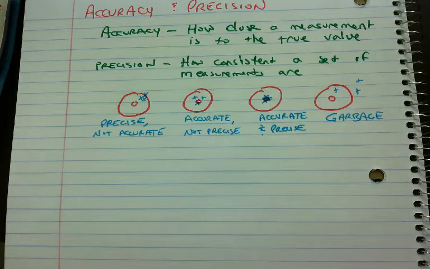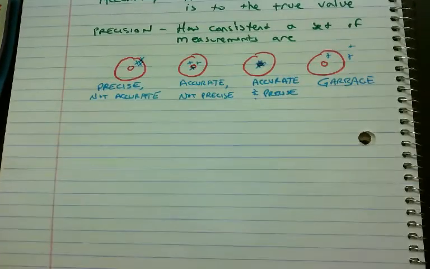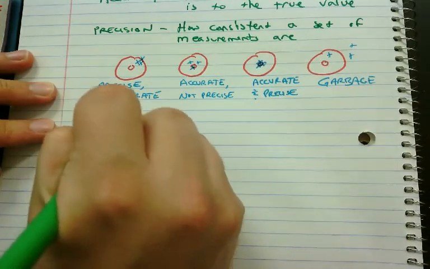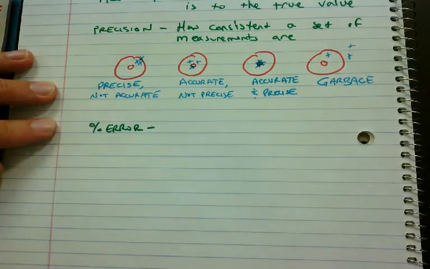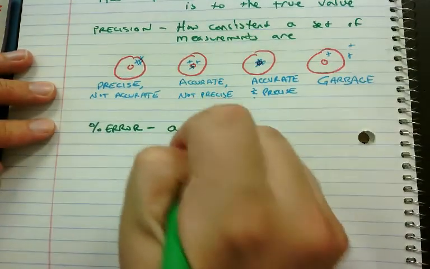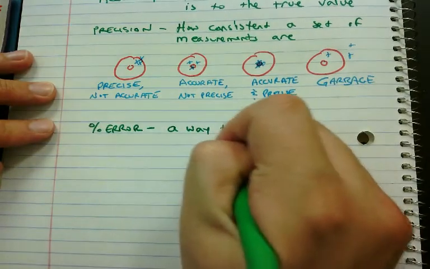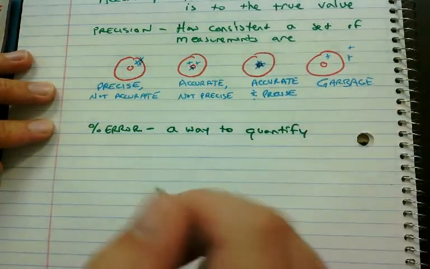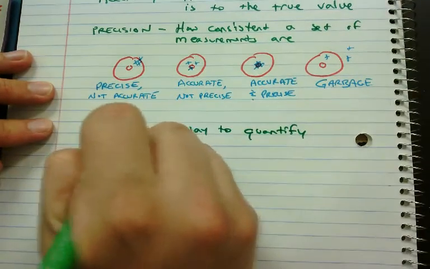I'm going to give you one other thing, and then we're going to do a practice lab as a group, as a class. The last thing I want to define is something called percent error. Percent error is a way to quantify the accuracy of a measurement.